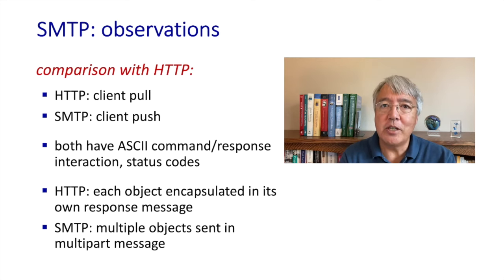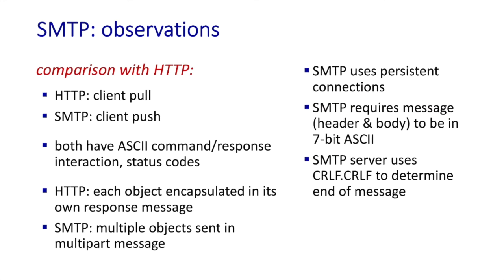And in HTTP, as we saw, there's just one object in each request. SMTP uses persistent connections, meaning that multiple email messages can be transferred over a single SMTP connection. And we've seen already that SMTP requires messages to be in 7-bit ASCII human readable form, and that the message itself is terminated by a line with only a period on it.